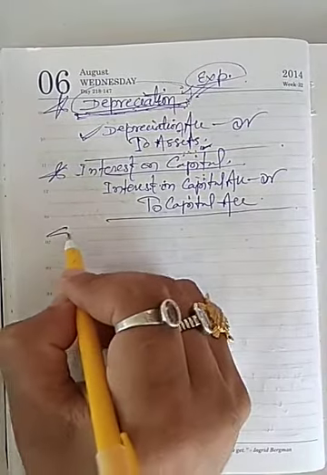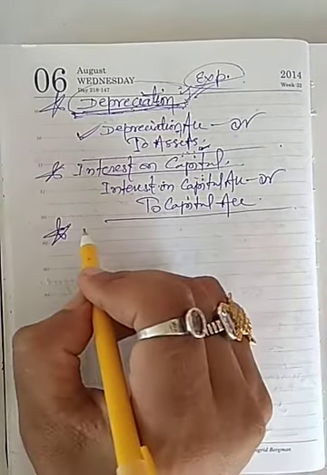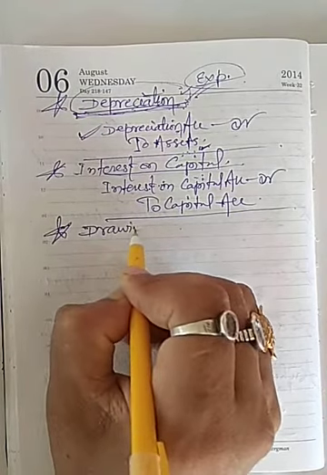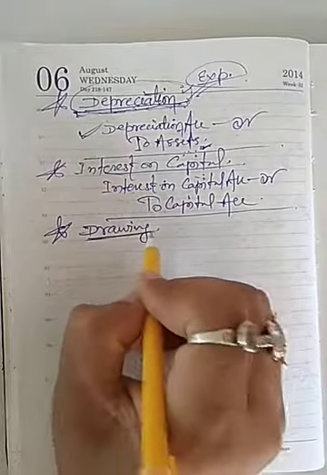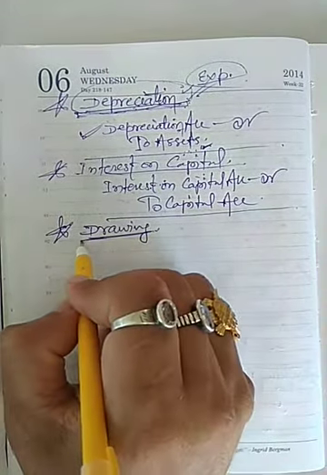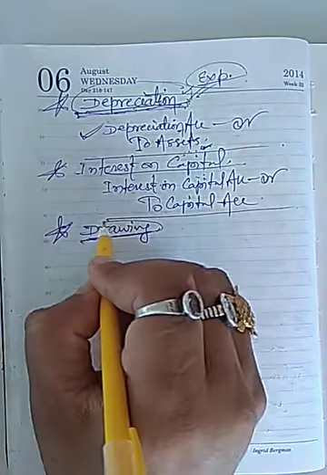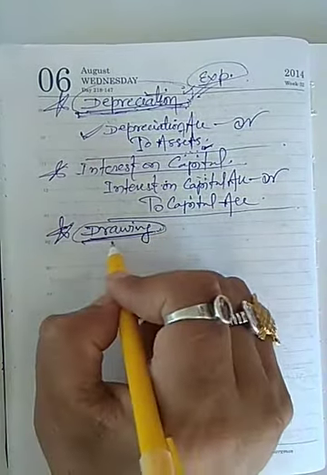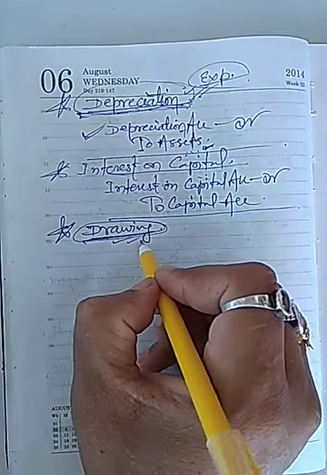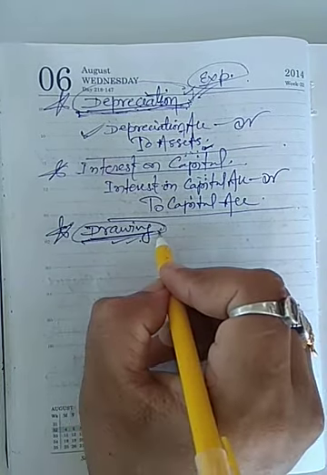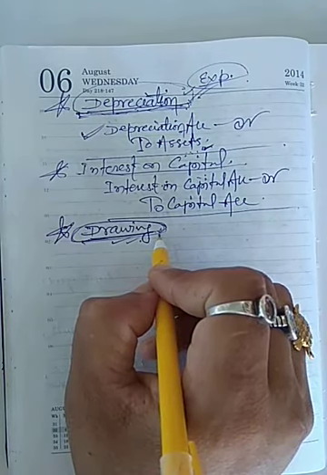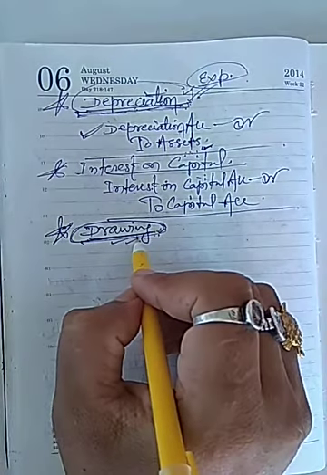Same thing is drawing. Drawing means when the owner of the business withdraws some cash from the business, it is called drawing, for personal use, for domestic use. I have explained about drawing.